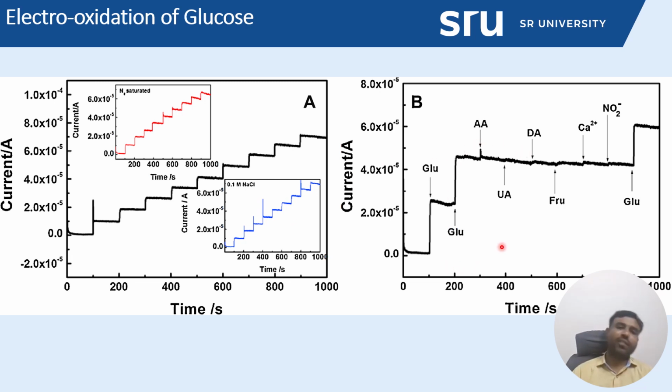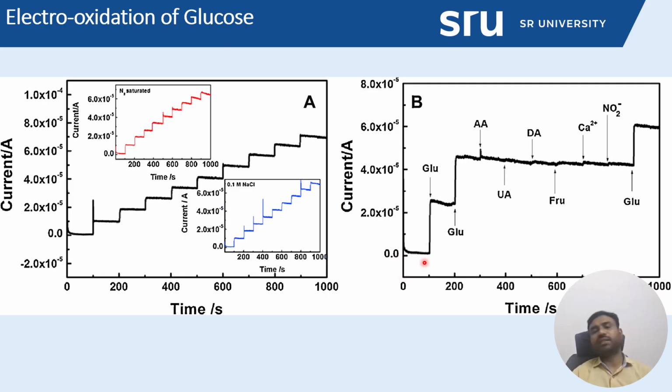For example, a blood sample has ions like sodium ion and chloride ion, and also molecules like ascorbic acid, uric acid, dopamine, and also metal ions like calcium and nitrate. So we have measured glucose detection in the presence of various analyte molecules under the same optimized identical conditions.